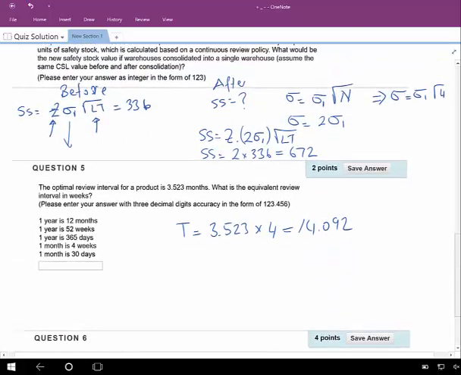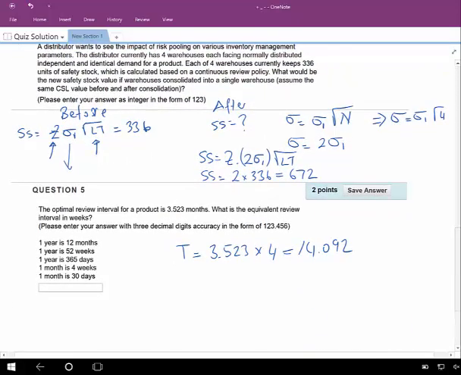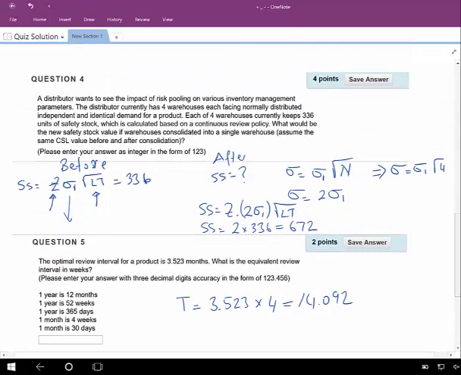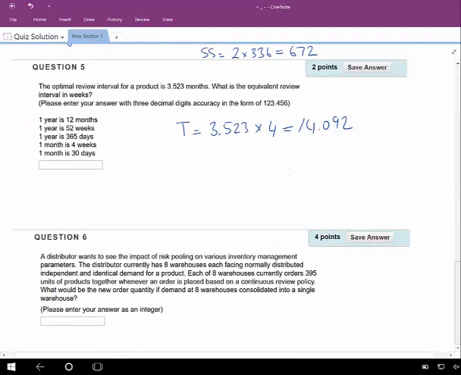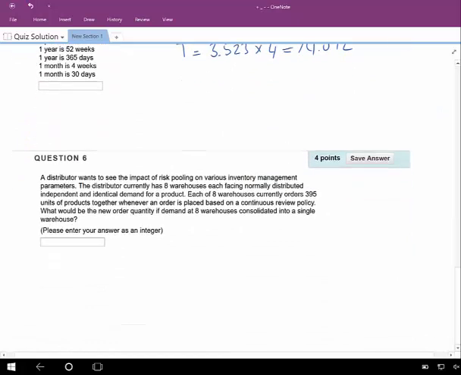This is again very similar to the calculation for the 4 warehouses, where I was asked about the standard deviation. What I know is that Q star, that is square root of 2AD1 over IC for one of the warehouses, is 395 before consolidation.